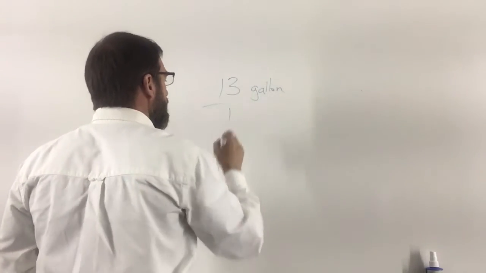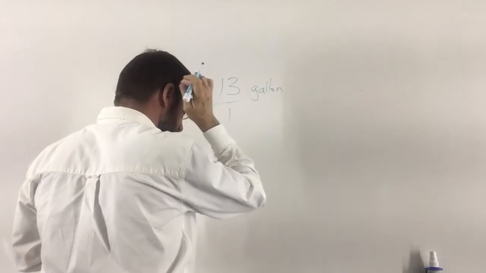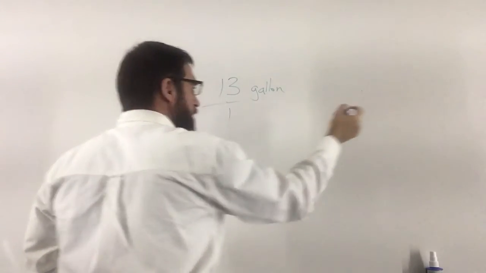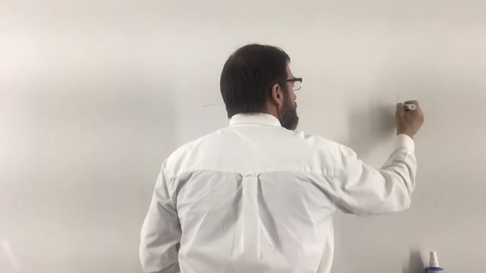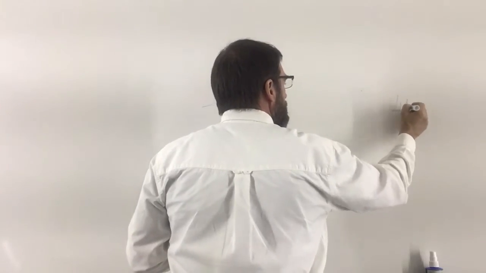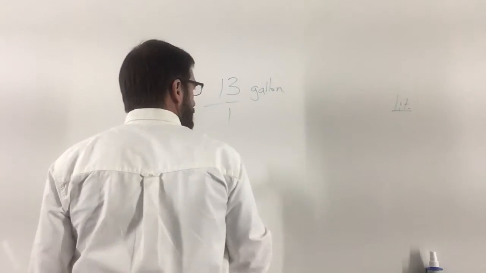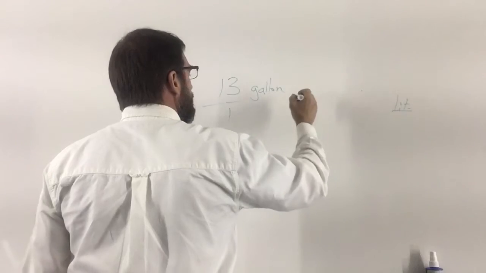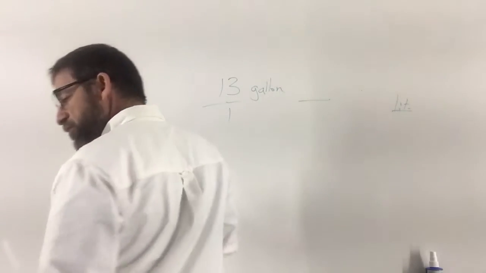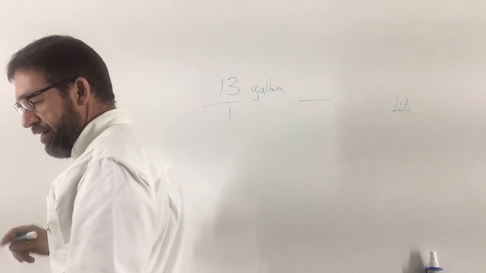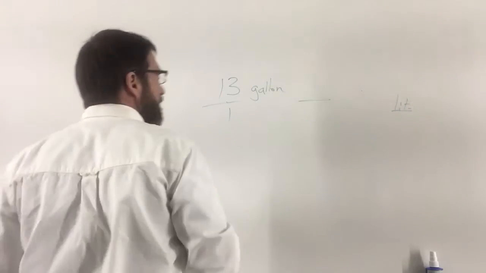And again, put it in a fraction form. And now I say, I want to change my final answer. I want liters. I don't know how to spell liters, but L-I-T is going to work. And over here, my fraction tells me that 1 gallon equals 3.79 liters.